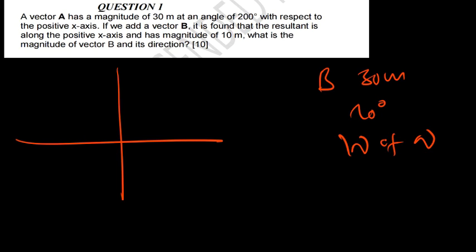What does it mean? I want to resolve this vector into x and y components. Which angle am I going to use? It is at 20 degrees west of north.